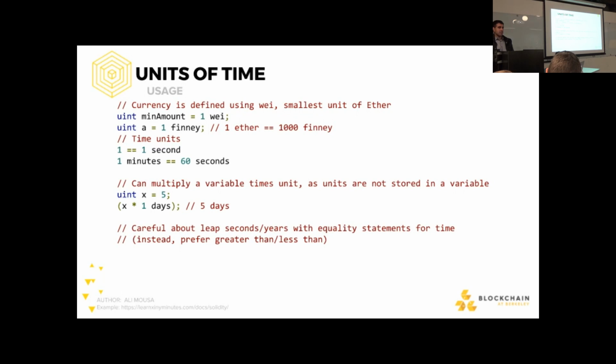But if they can mess with seconds, they can keep trying to game your contract until they get a winning lottery ticket or something. Block hash, for block hash, they can play around with that too.